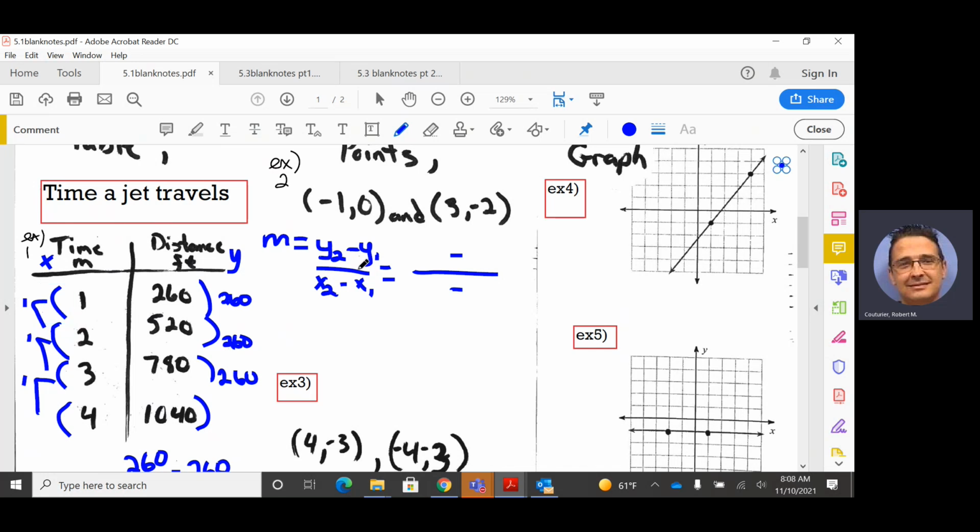So take 1 point. We know that the y, look, here's one coordinate. They're stacked on top of each other. Take one coordinate, put your y on the top, and then put your x right below it. Take the next coordinate, put your y on the top, put your x right below it.